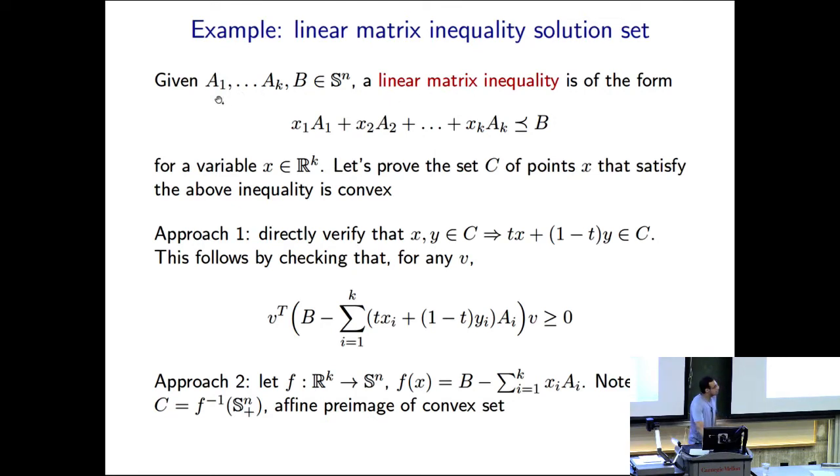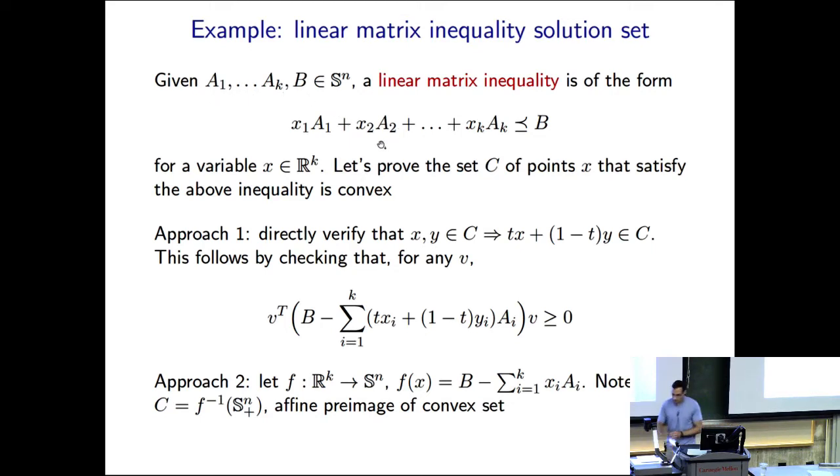If you give me any matrices A1 through AK and B, each of which is symmetric and n by n, we say that a set of this form, the set of all x such that the first component of x times A1 plus the second component of x times A2, etc., plus xk Ak is less than or equal to B, is called a linear matrix inequality. The set of all x satisfying this inequality is convex, regardless of these matrices A and B.